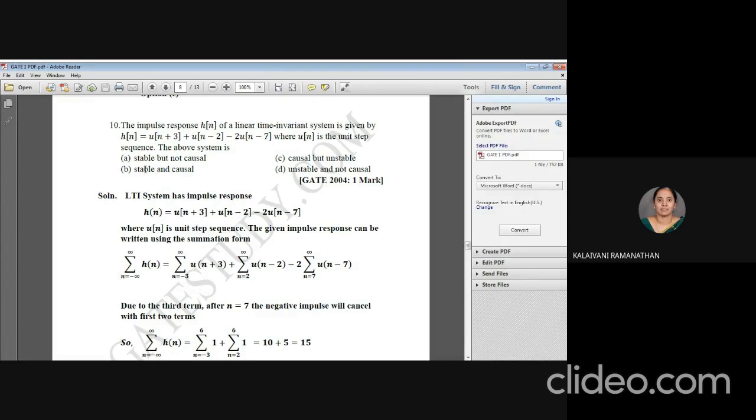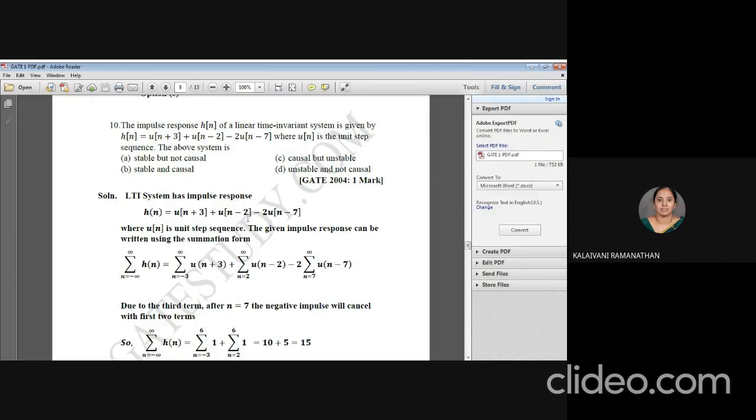For causality, you know that the output must be dependent only on the present and the past values of your input. Here in the given equation, u of n is a unit step sequence. So we are writing the equation again like this.